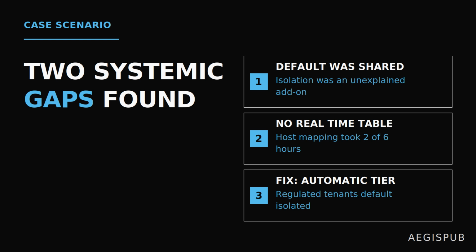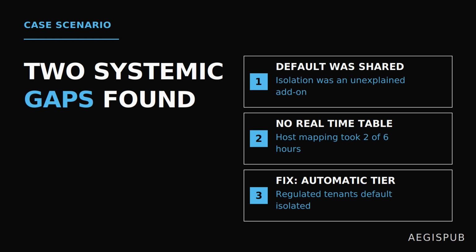The second finding is that the host allocation table, the record of which customer workloads are running on which physical hosts, was not queryable in real time during the incident response. The team had to assemble the classification manually from several data sources, which took 2 of the 6 hours available before the exploit details became widely known.